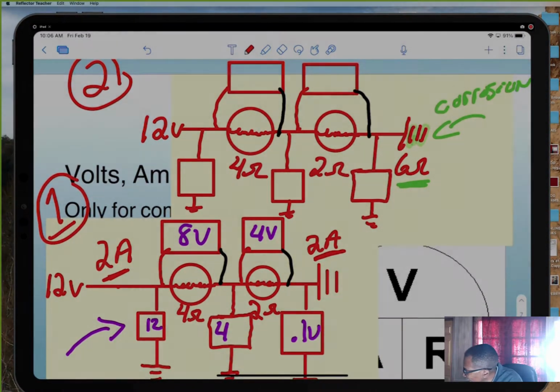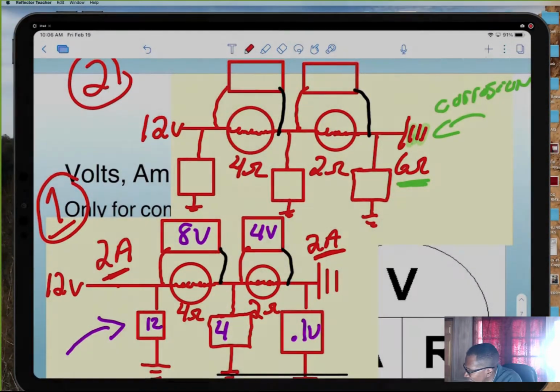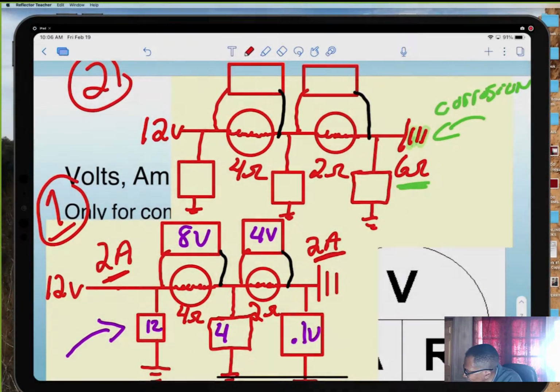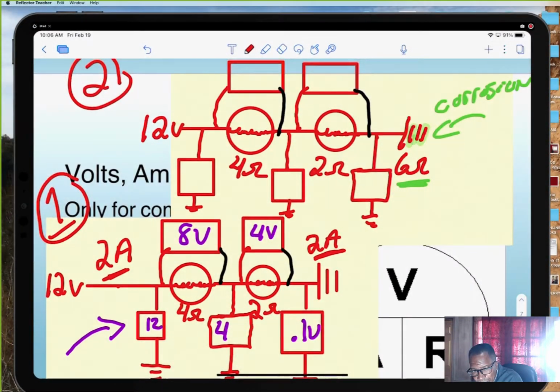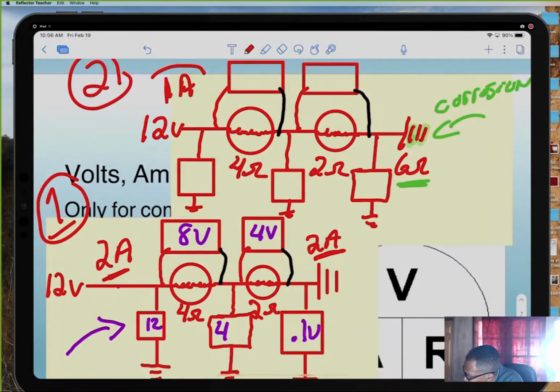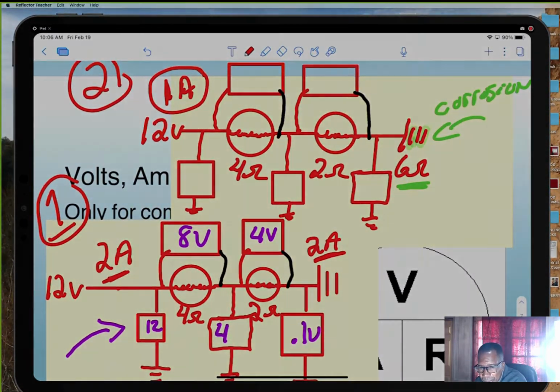Now, since we have resistance in line with the resistors, it still makes it a series circuit. So our amperage in this circuit is now what? With that corrosion? 1. Now, you see what happened already? What just happened from the good circuit to this bad circuit? Our amperage dropped.